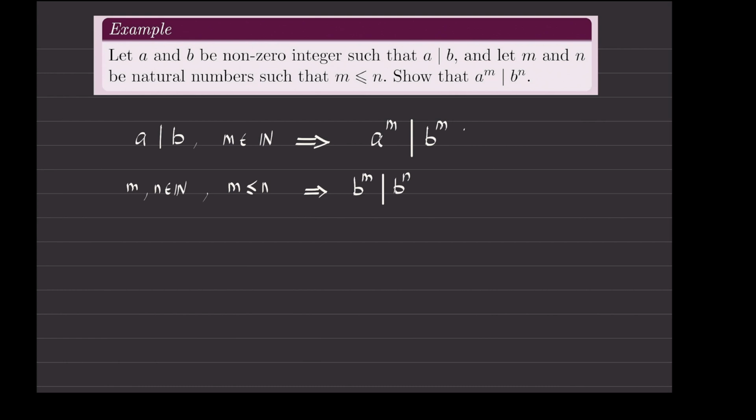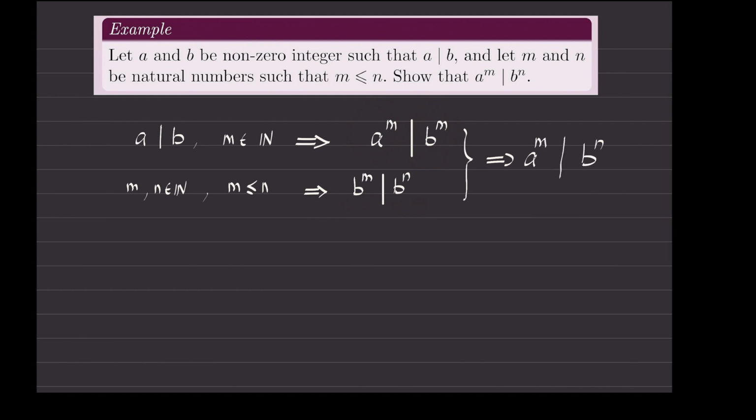Now again, today we learned that the divisibility relation is a transitive relation. So we know that this number, whatever it is, divides this number, but this number itself here divides another number. So by comparing these two, if I want to, I can conclude that the first number, a to the m, divides the last number, b to the n.